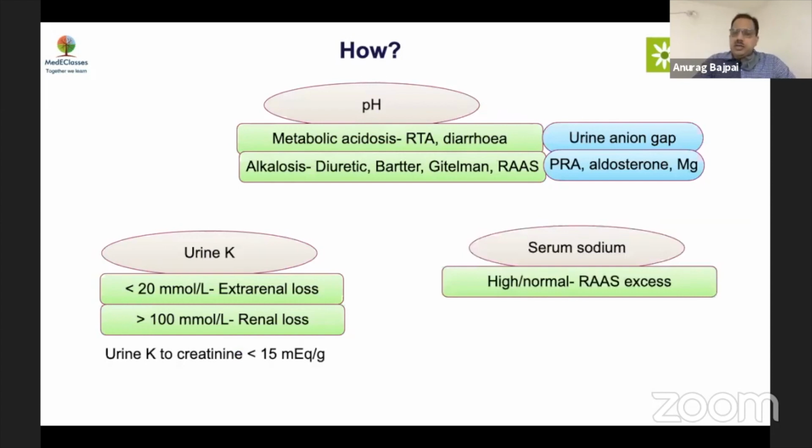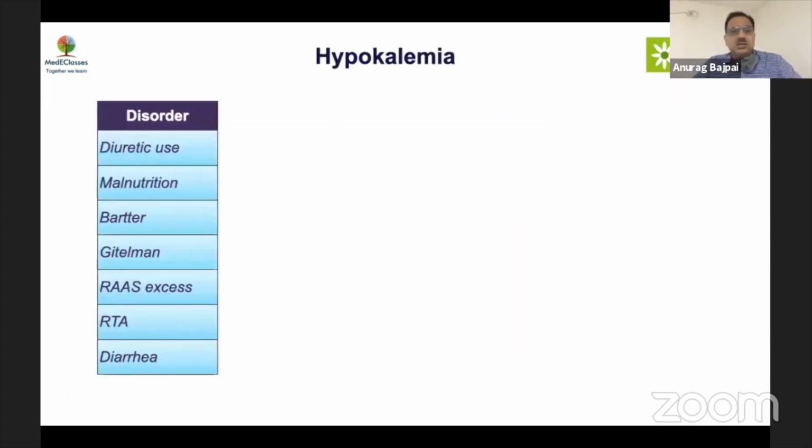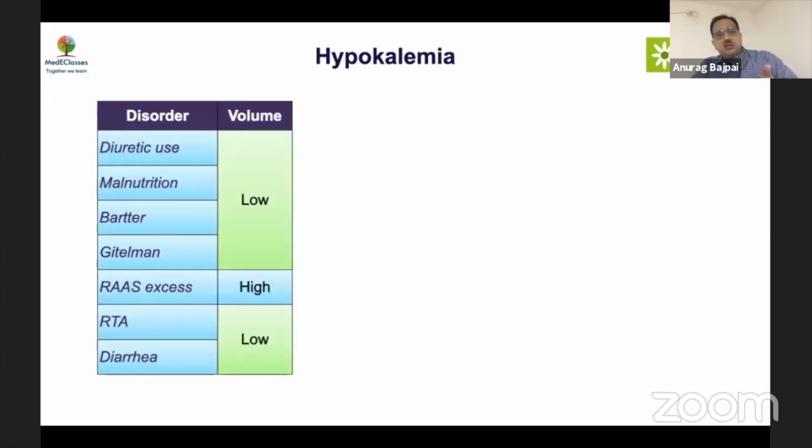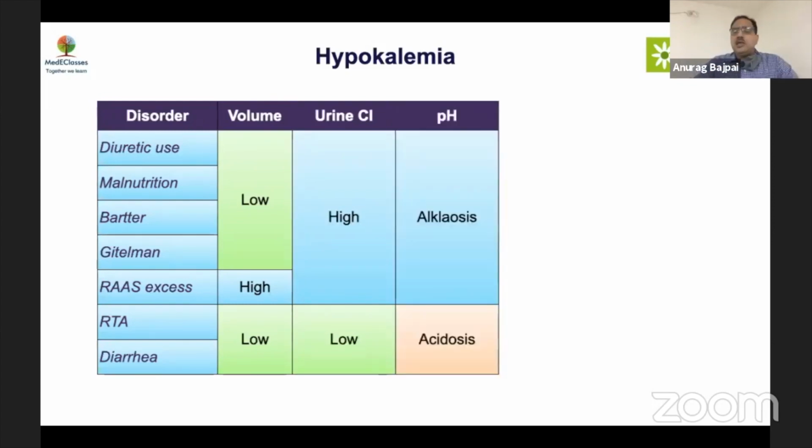Serum sodium, again, if it's high or normal, think of a RAS excess. If there is hyponatremia with hypokalemia, a very, very rare situation, think of a GI loss or diuretic use in that perspective. So in hypokalemia, the key thing to look at is the volume. If the volume is high, very unusual, this is RAS excess. If urinary chloride is low, it means you are basically having a renal tubular or a diarrheal problem. If there is acidosis, it is RTA versus diarrhea.